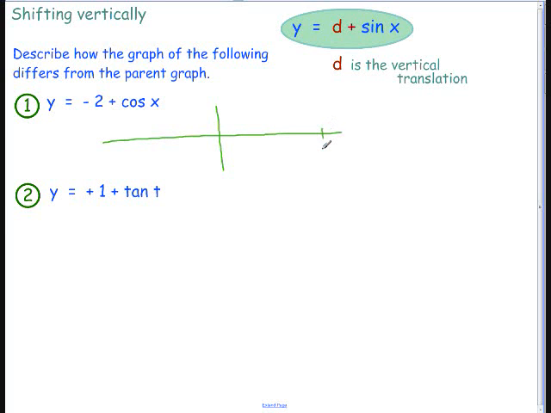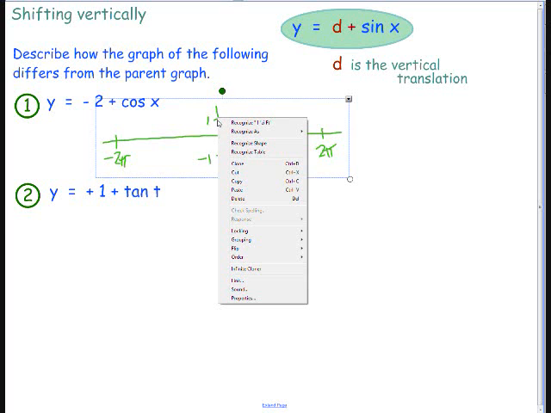If this is 2 pi, and this is 1, -1, and -2 pi. My parent would, let's do our 5 critical points. This, remember, we're doing the parent.